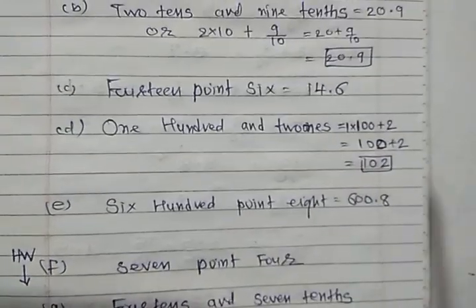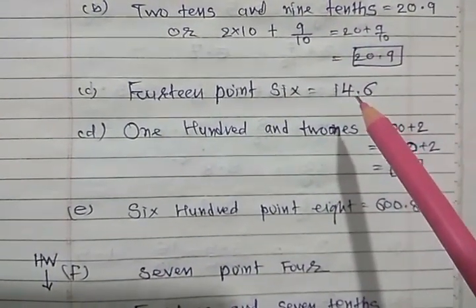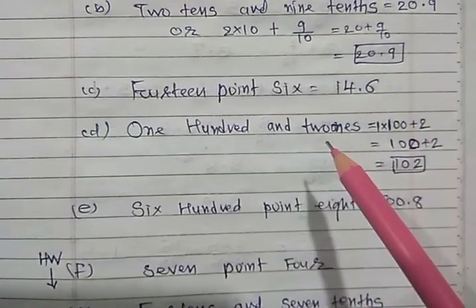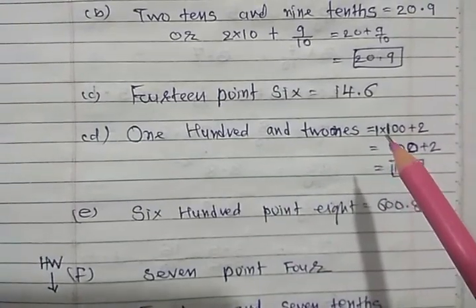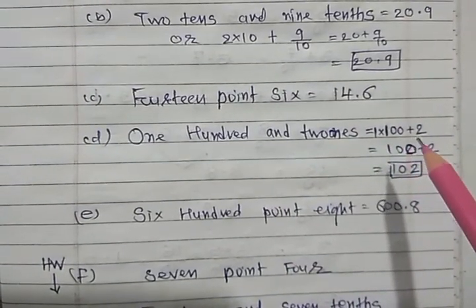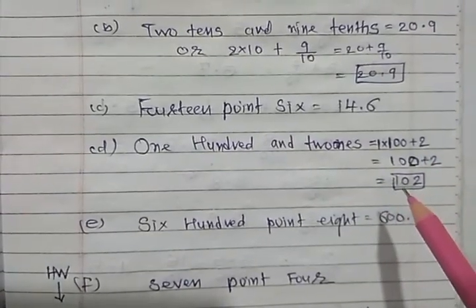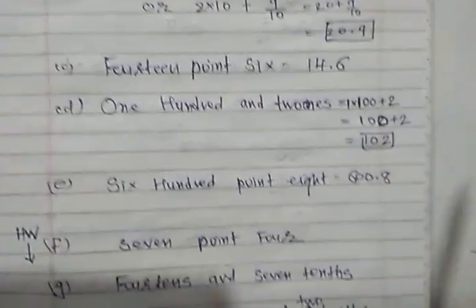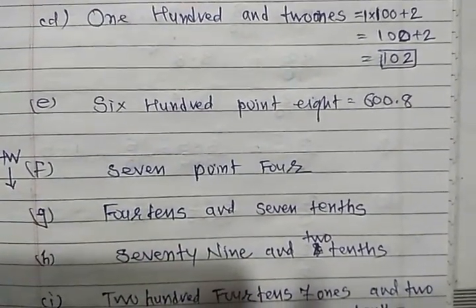Next, 14.6. 1 hundred, 2 ones. Okay. Now 1 means hundreds position. 1 into 100 plus 2 ones means unit position. So 100 plus 2, 100 plus 2 means 102. The next is 600.8.